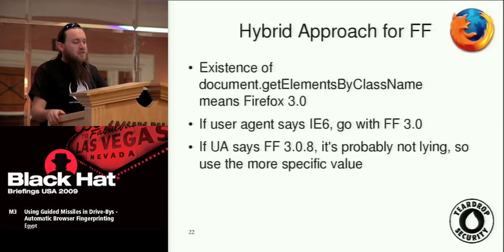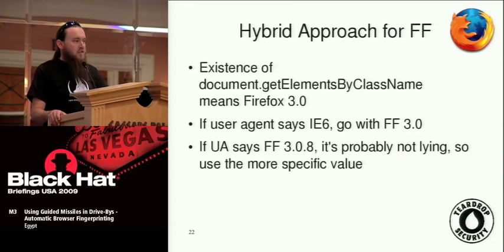Firefox is a little bit harder. The only way to reliably tell what the version is is by JavaScript object detection, like I talked about earlier. You know, if array.every exists, then it's definitely Firefox, but we don't necessarily know what version. So we use some other JavaScript objects to figure out, say, for example, it's 3.0.